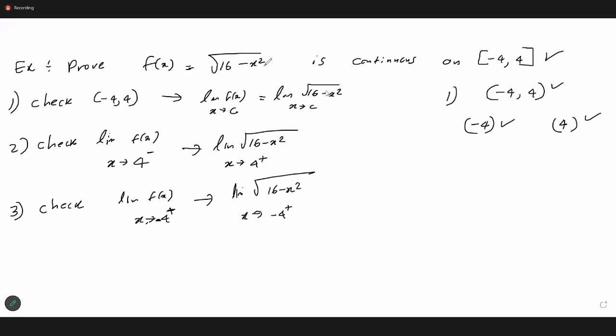This one also needs to change. Sorry, positive 4 from the negative end, and negative 4 from the positive end. Now it is okay, right?